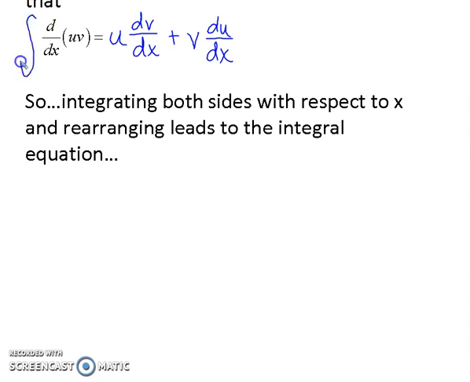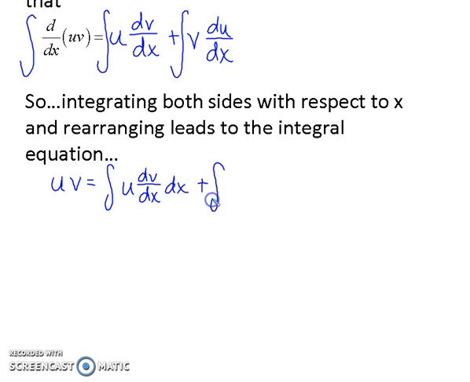if we integrate this and then we integrate all of this, well, the integral of the derivative of u times v is u times v, and then we would have the integral of u dv dx with respect to x plus the integral of v du dx with respect to x, because we would need to show what we were integrating with respect to.